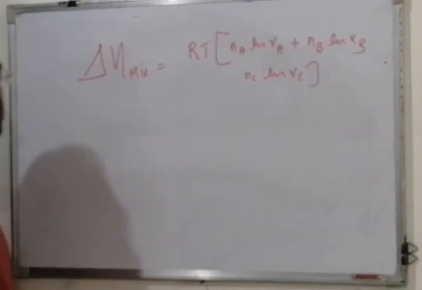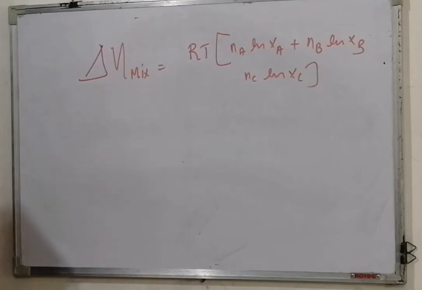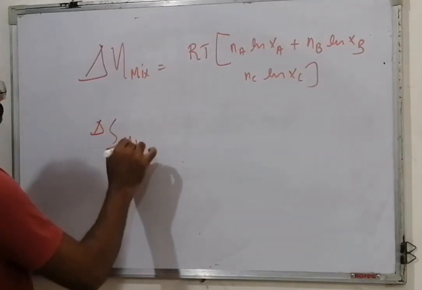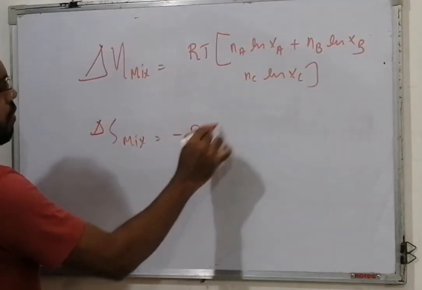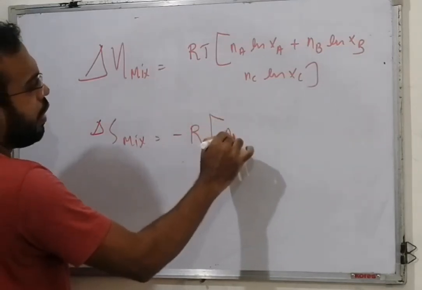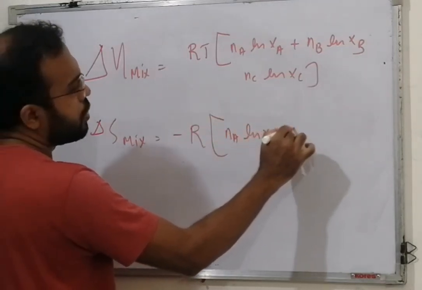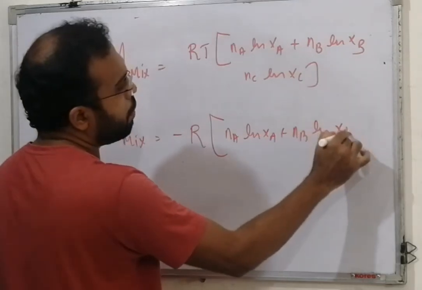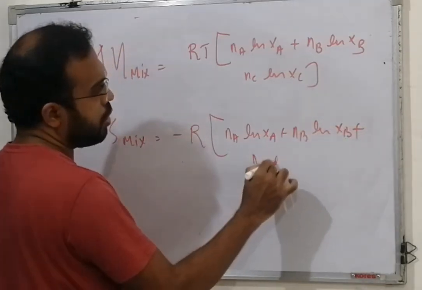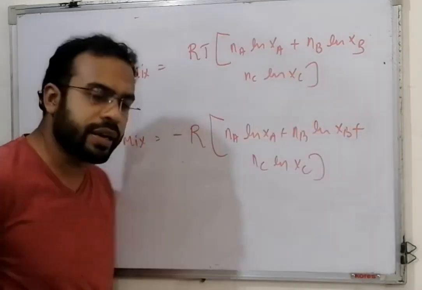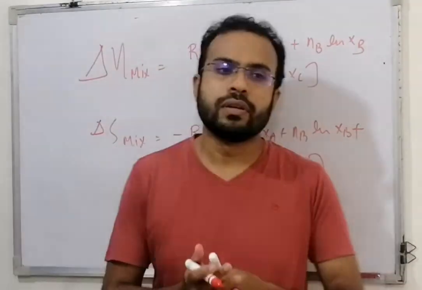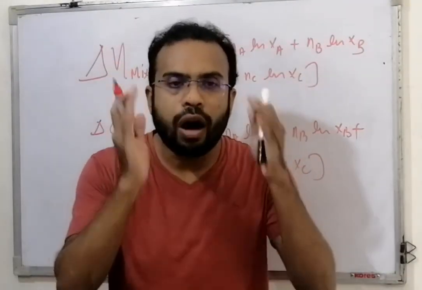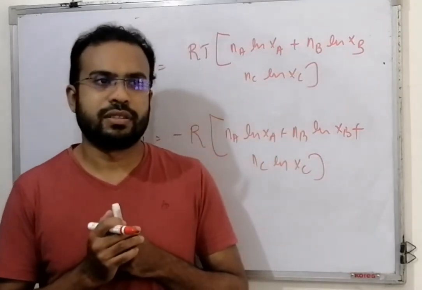It goes on, depending upon the number of components. Delta S mixing is equal to minus R (NA ln XA plus NB ln XB plus NC ln XC). Okay, very simple. Therefore, you only have to remember the equations.